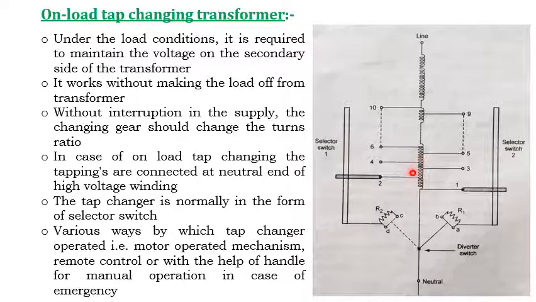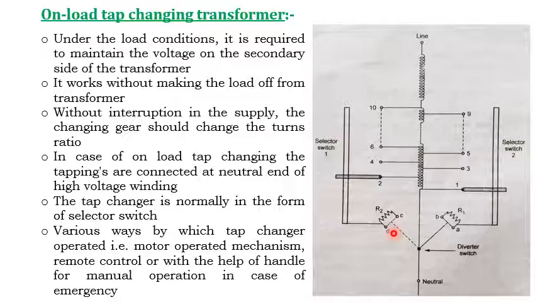The load current further flows through the resistor R1 to point D, so to the neutral point. In this way, the diverter switch is totally shifted from the right side to the left side.